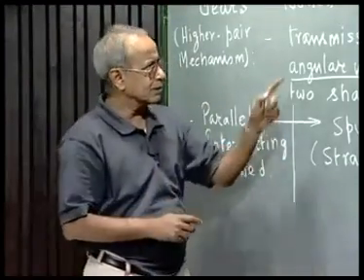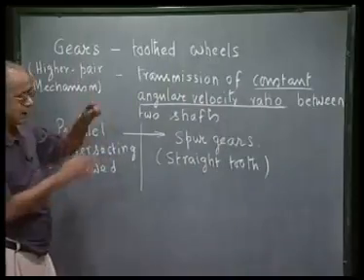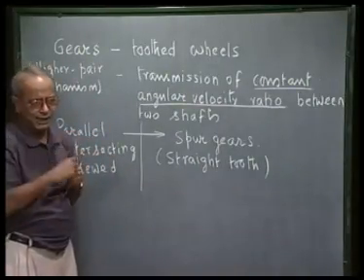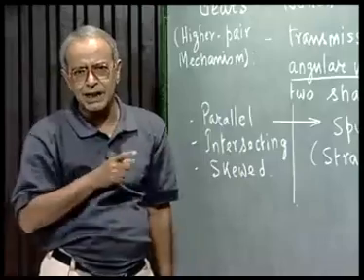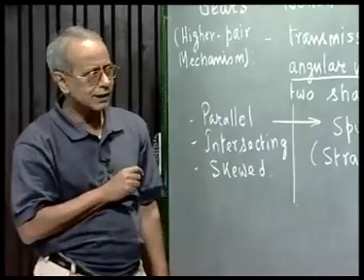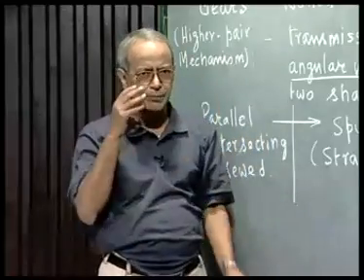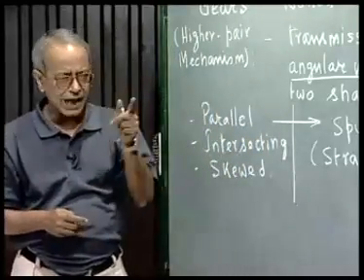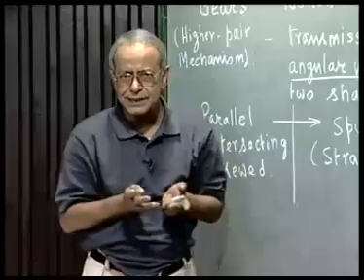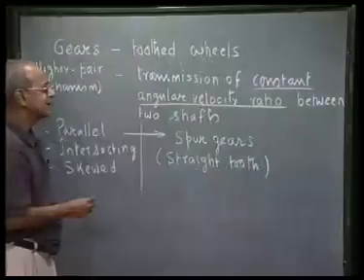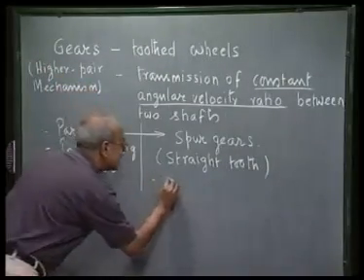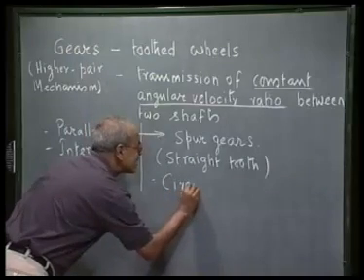These wheels are cylindrical and the teeth are cut on the surface of the cylinder, running parallel to its axis. Viewed from the front along the axis of the shaft, we see just a circle. So, these are called circular gears. Instead of cylinder, I will use the word circular.